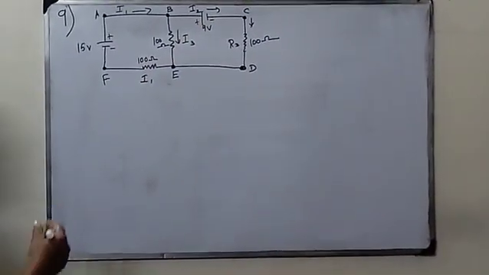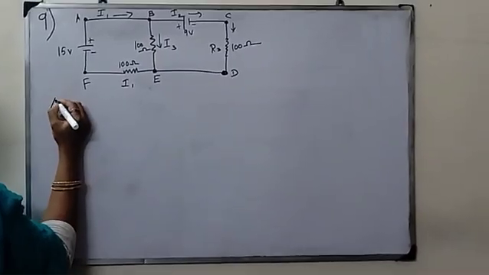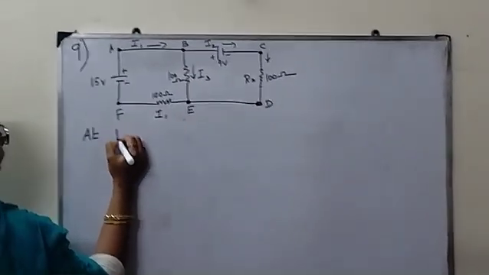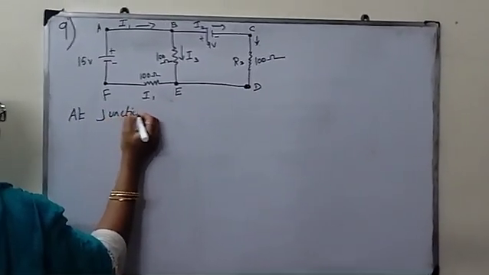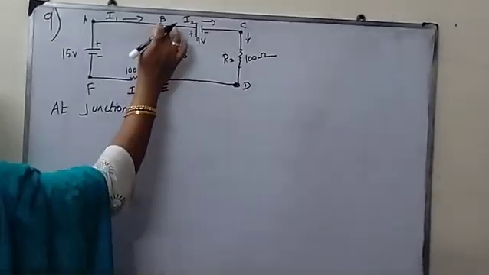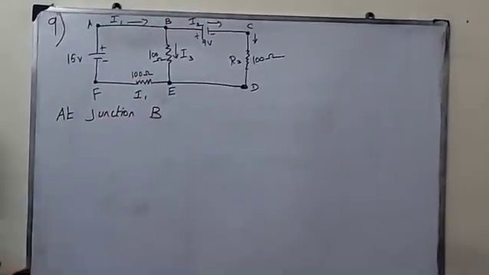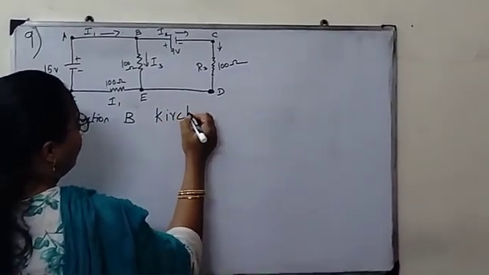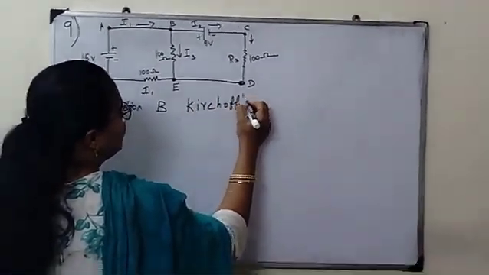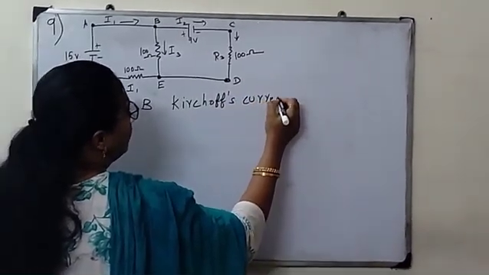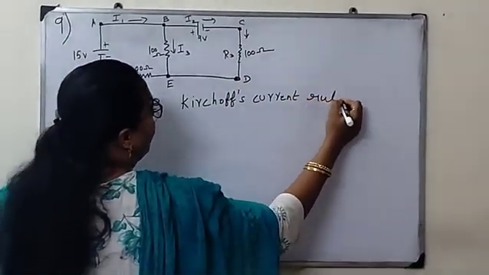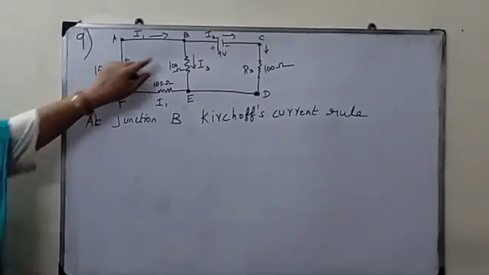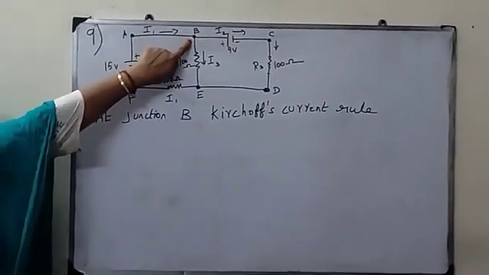Okay, first we are taking the junction, that is at junction B. At the junction B we are applying Kirchhoff's current rule. So towards the junction B we have to see.